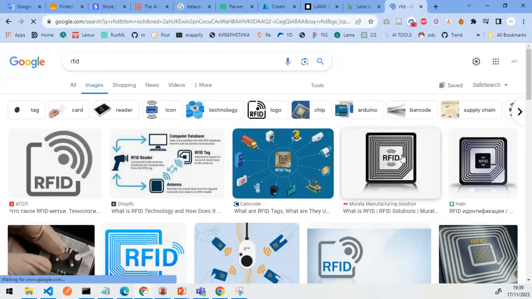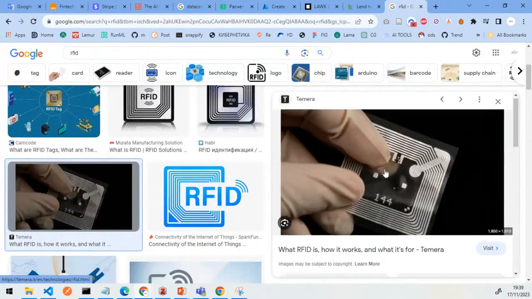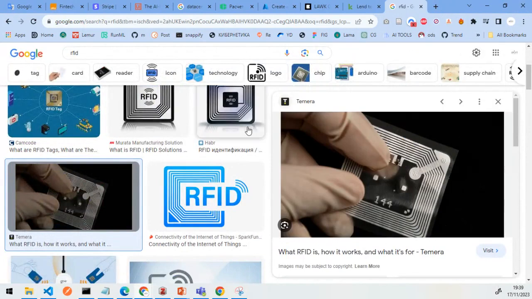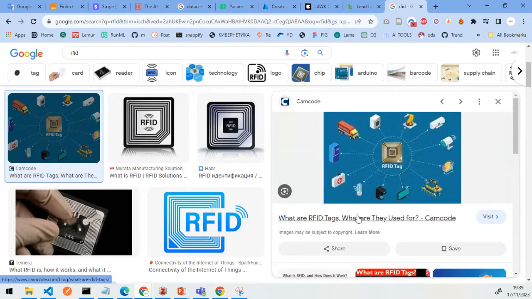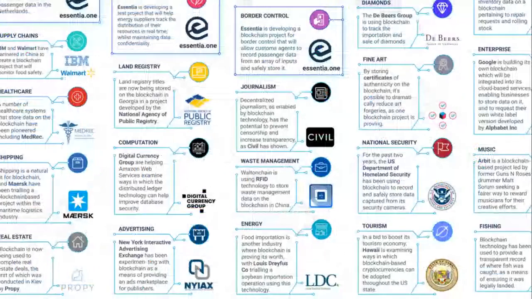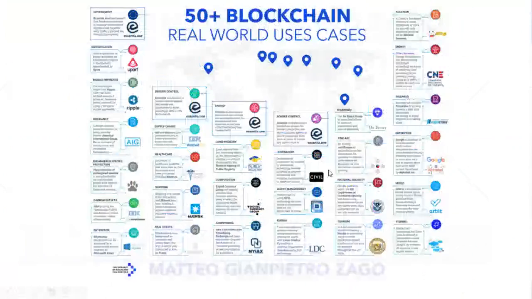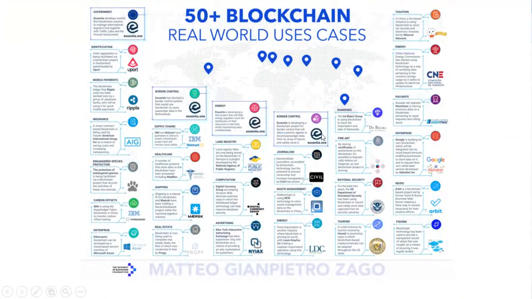These RFID tags are usually put in clothes and other products, for example in logistics or warehouse management, where you want to keep track of all of the objects you have. Resource management, you put that in. In energy, we can also combine blockchain technology. So there are so many areas of blockchain and its application.